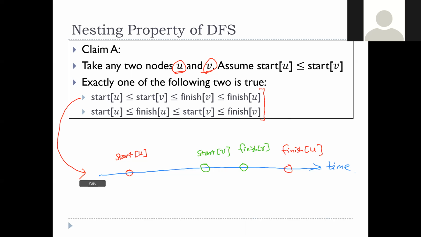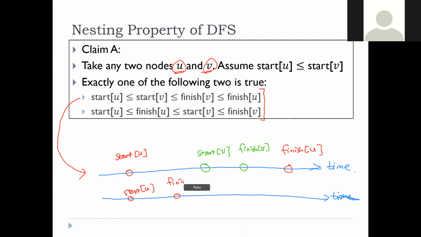The second case is that you start to explore U and then you finish U. Then you start V and then you finish V. So this is case 2. Only these two cases are possible.